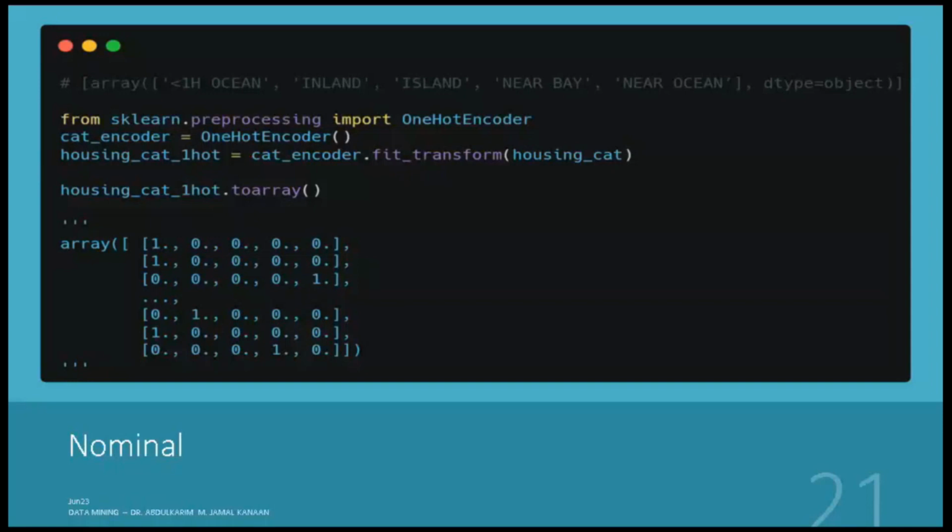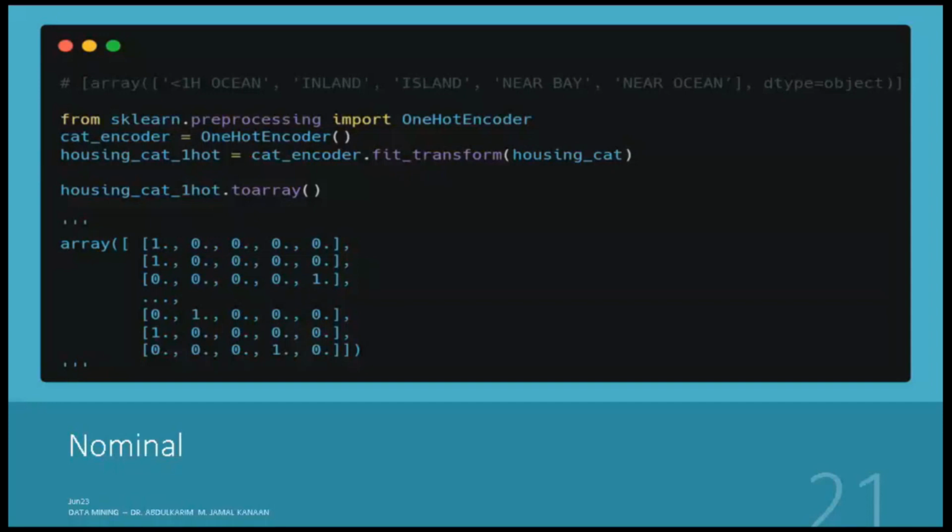Let's say you are gathering data about houses. Then you need to ask, does it make any difference? Is there ranking if the house is near the ocean, or inland, or on an island? If they say no, there is no ranking, then immediately this is nominal. If they tell you yes, there's ranking for the category of the house, whether it's on an island, inland, or near the ocean, then you need to take that into account.